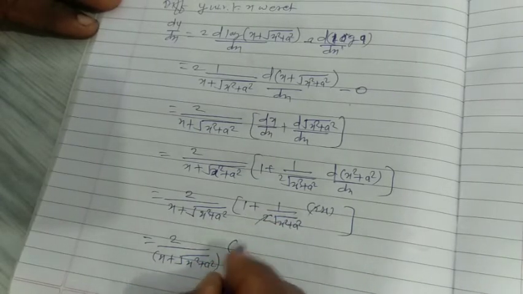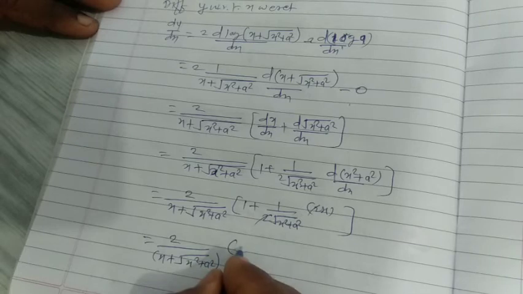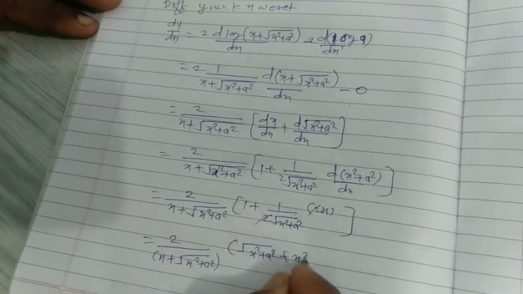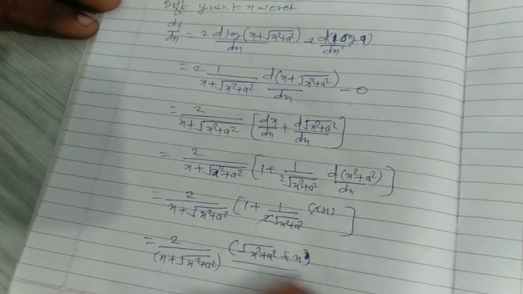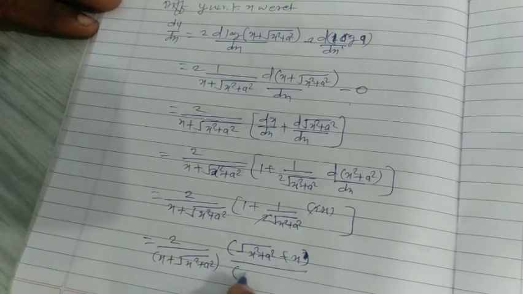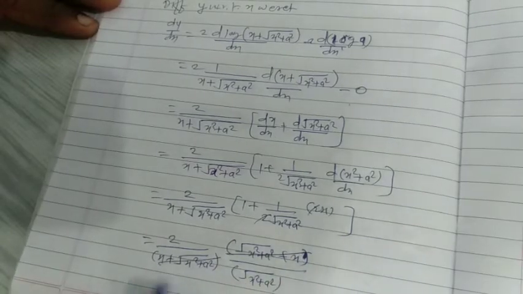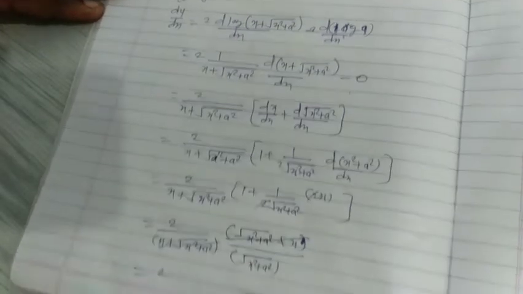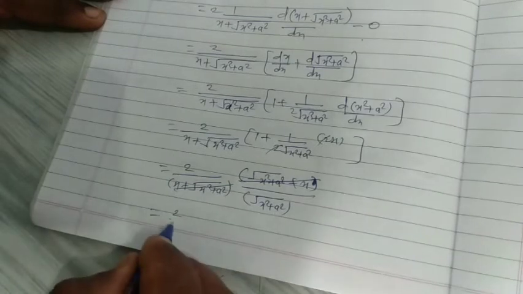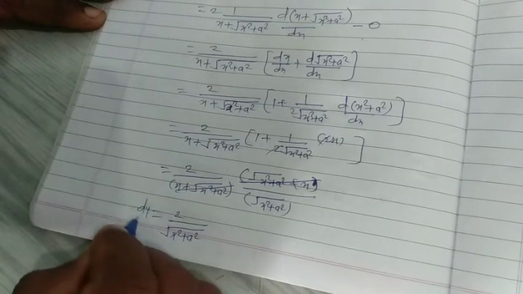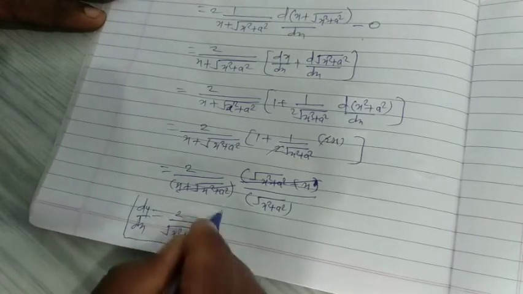We take the same denominator form, x square plus a square plus x at the numerator, divided by root x square plus a square. These two functions will get cancelled. The answer becomes 2 upon root x square plus a square, that is our dy by dx.